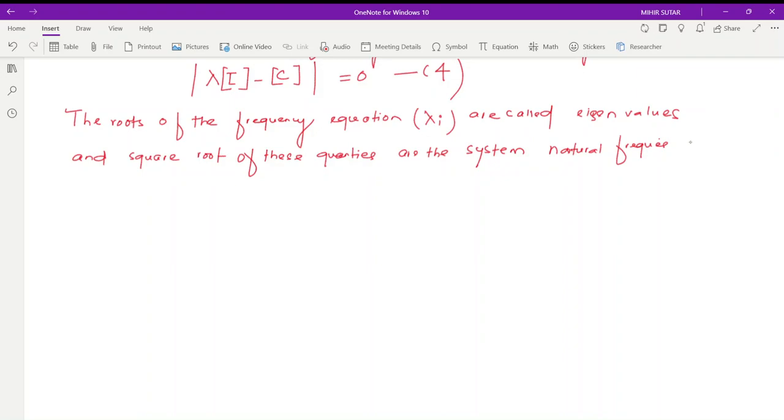That is, omega i should be the square root of lambda i. Let's say this is equation 5.